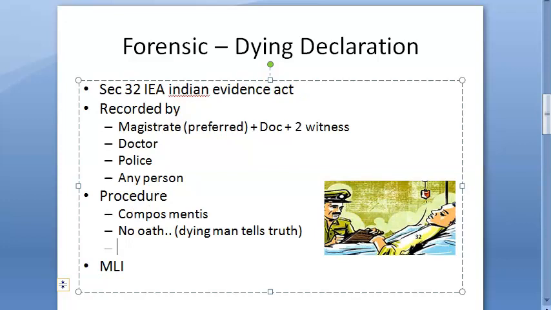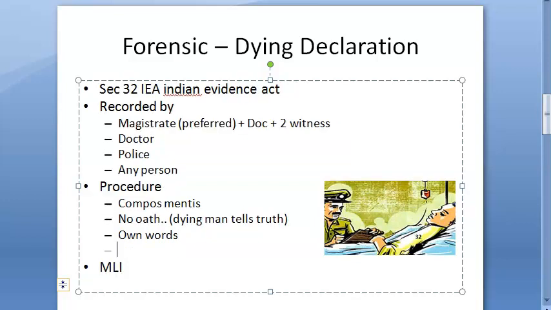Then, statements should be recorded in the person's own words without any alteration in terms of phrases. Own words they have to use, not your words. Don't change the phrase. Whatever phrase they're saying, you take the same thing. The declarant should be allowed to give the statement without any undue influence, prompting or assistance.